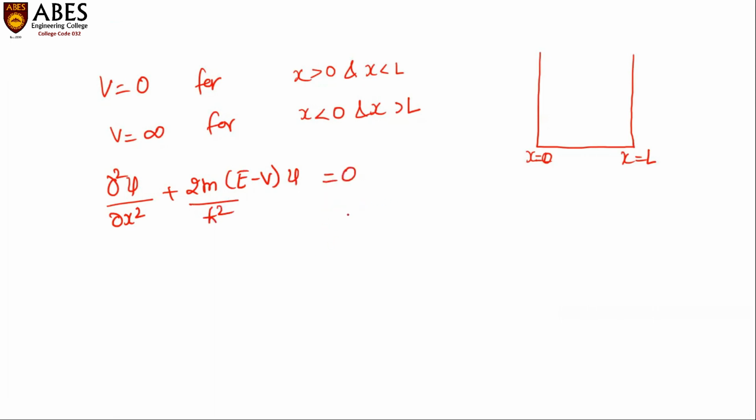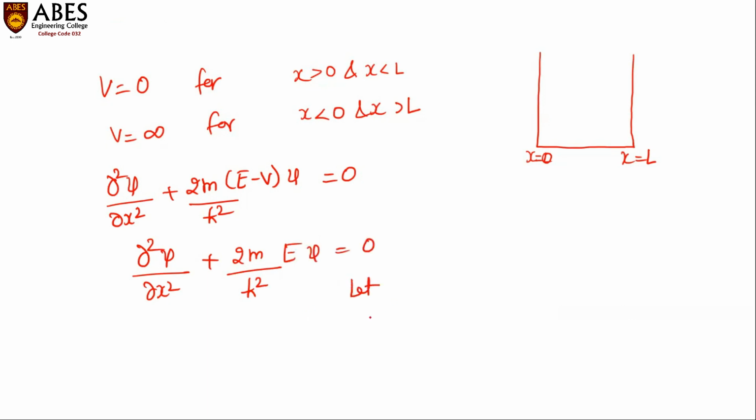For this box, V is equal to 0, and the above equation can be written as del square psi by del x square plus 2m E psi by h cross square is equal to 0.